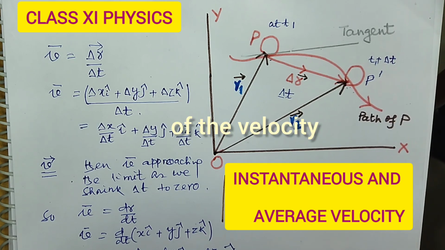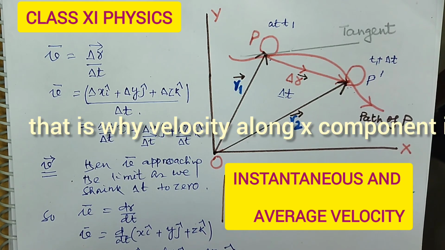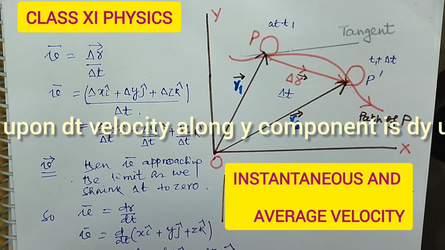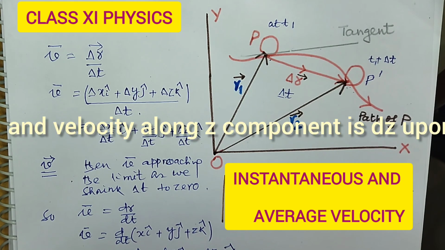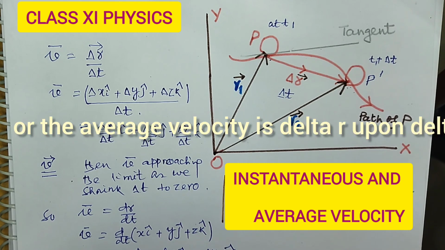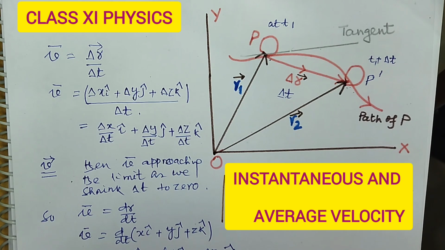That is why the velocity along x is dx upon dt, along y is dy upon dt, and along z is dz upon dt, while the average velocity is delta r upon delta t.